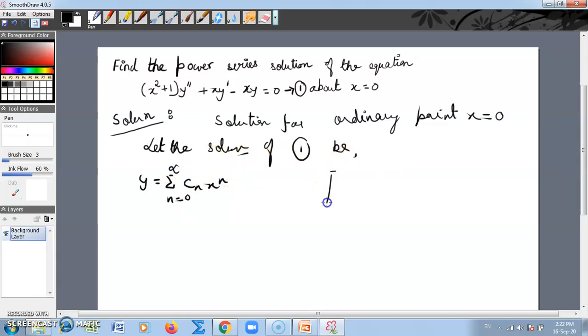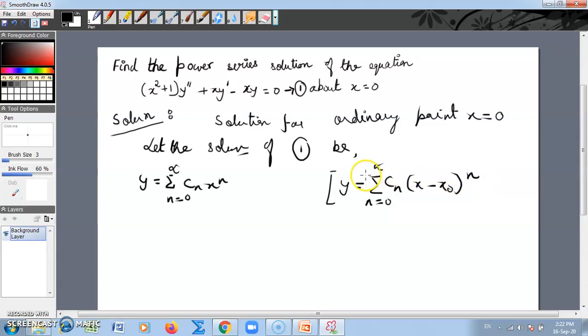In the method that we saw in part A of this lecture, the first part, for a power series solution, this has to be summation n goes from 0 to infinity Cn (x minus x naught) the whole to the power n.